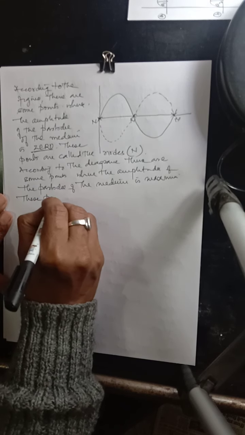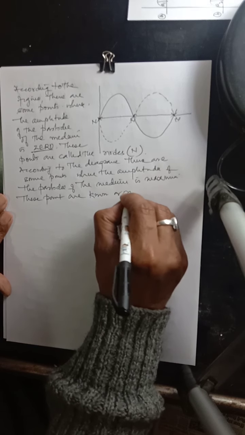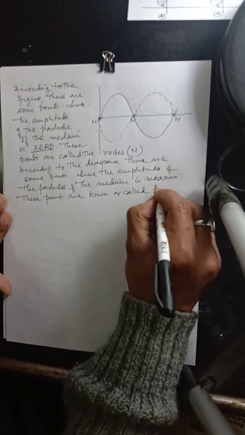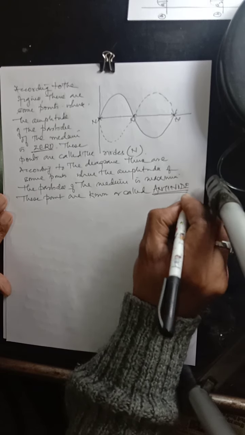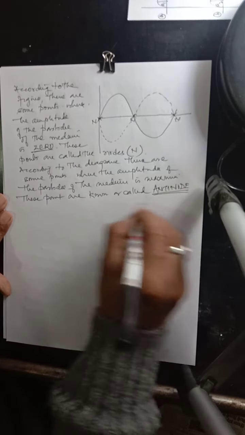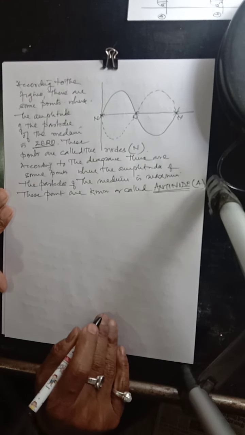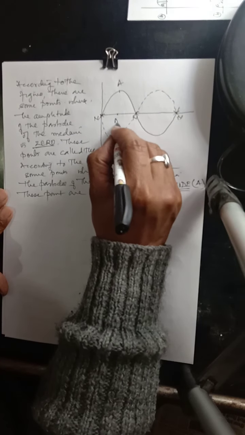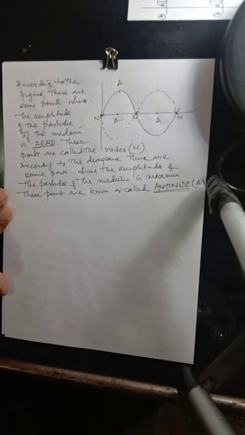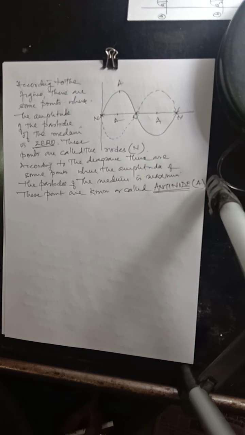These points are called antinodes, and it is represented by A. So these points A, this is A. At this point the value is maximum.